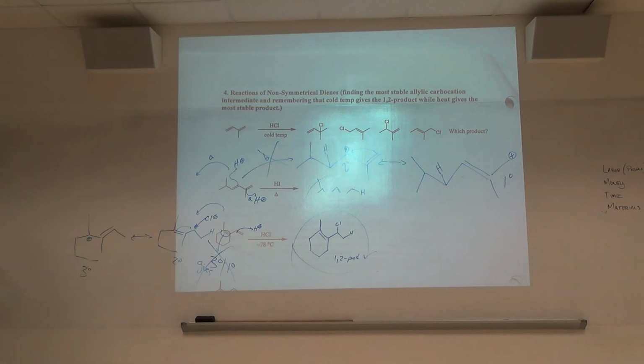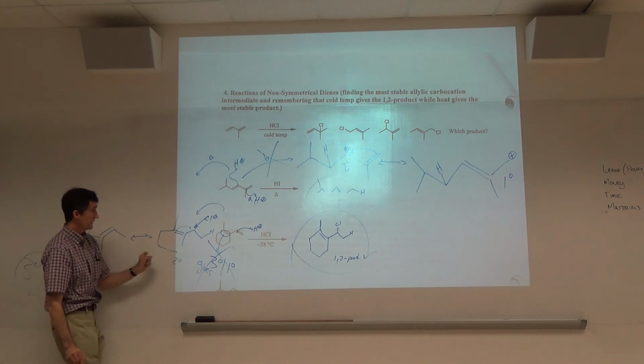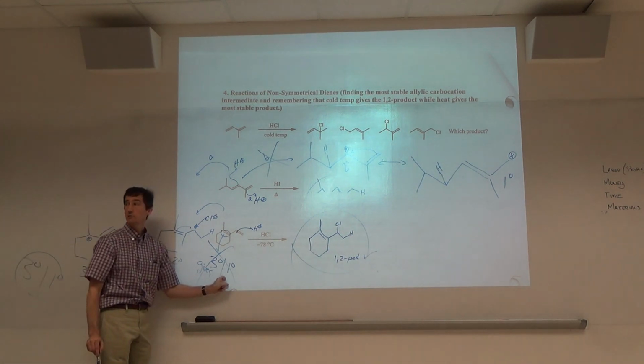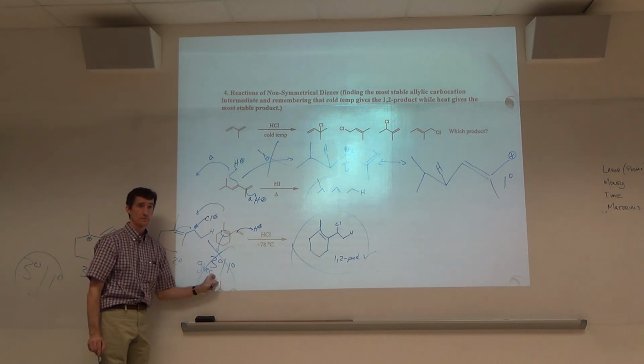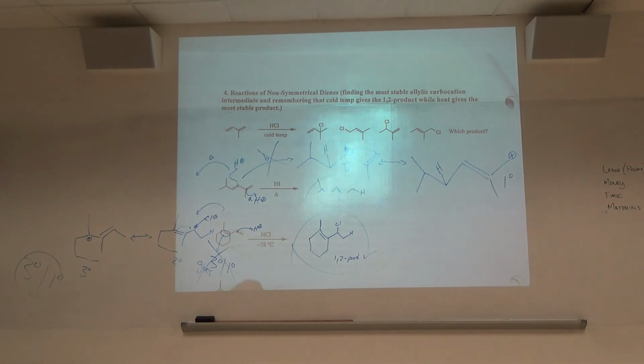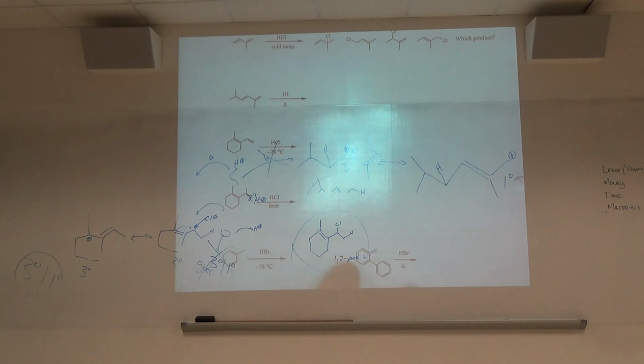Which is better? Tertiary and that's all you got, or tertiary and primary with the resonance structure? This is better. Right? Charge is delocalized. Tertiary secondary, that would be tertiary primary. If you don't see that, you need to work on your resonance structures. So there's your 1,2 product. Questions about those two?